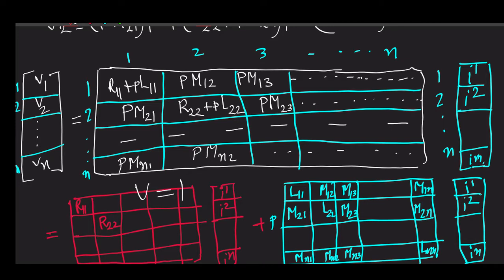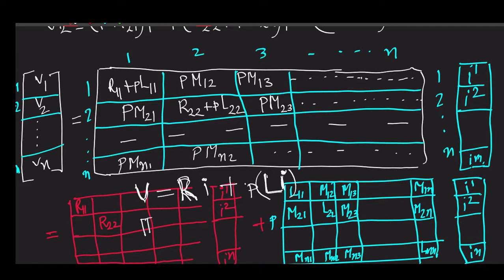So what we can write in a compact form is V is equal to R I plus P L I. I am using bold font to indicate that these are vectors, n-dimensional vectors.